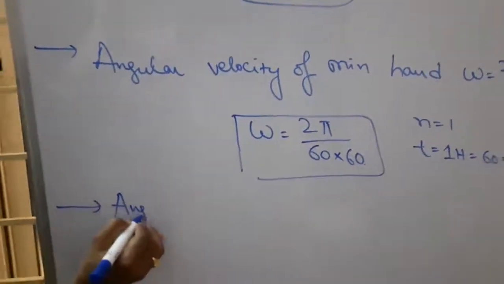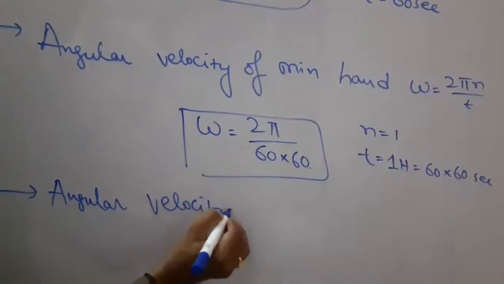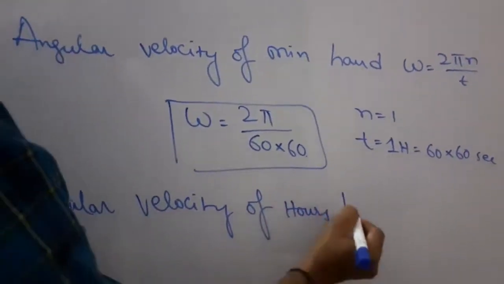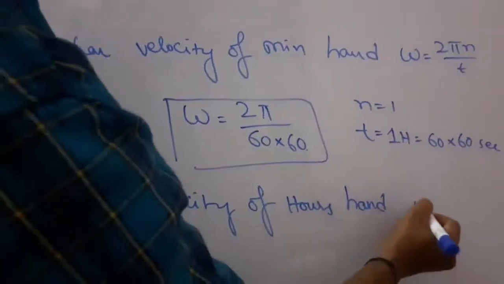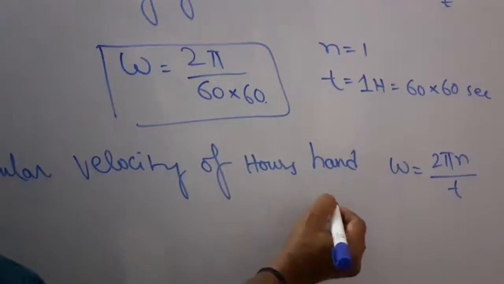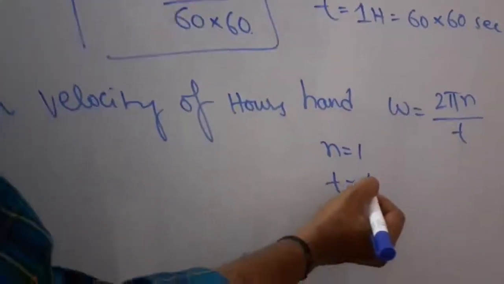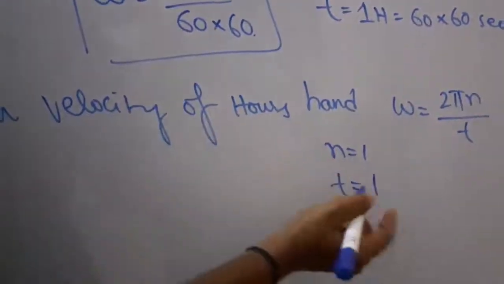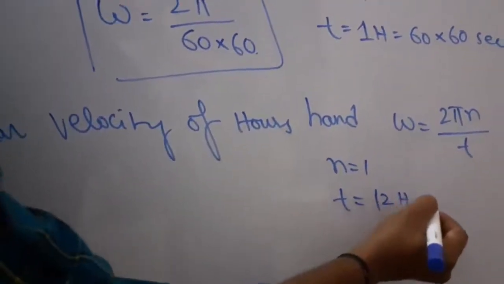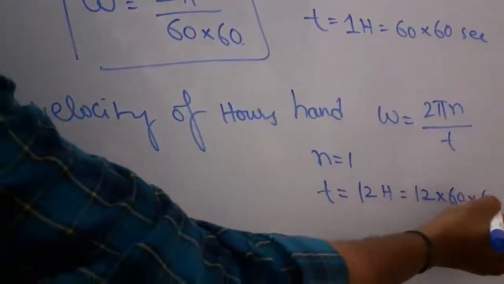Angular velocity of the hours hand: whenever it makes one revolution, the number of revolutions is 1, and the time taken is 12 hours. 12 hours means 12 into 60 minutes into 60 seconds.